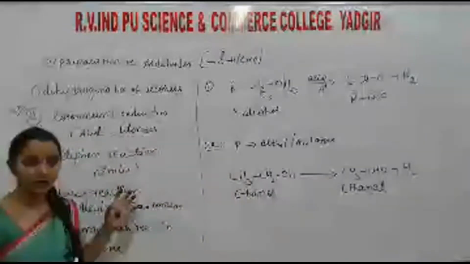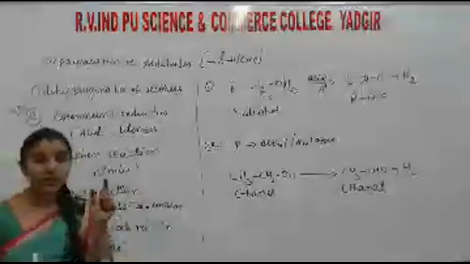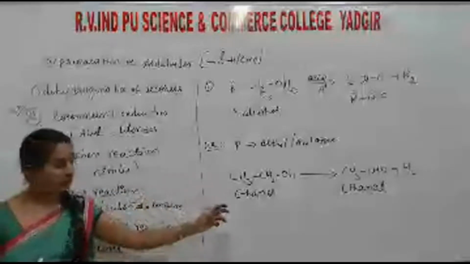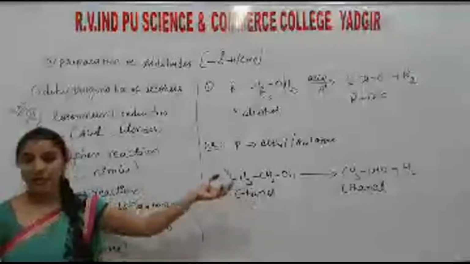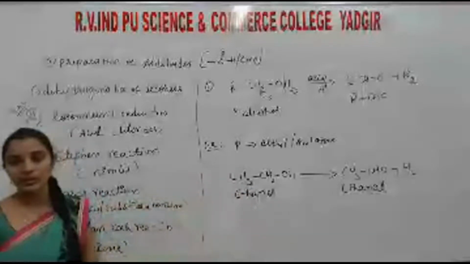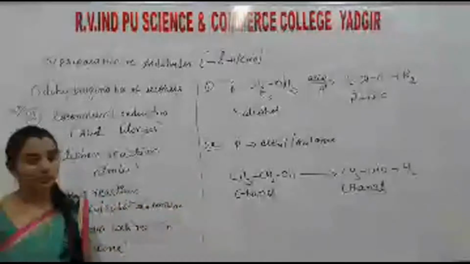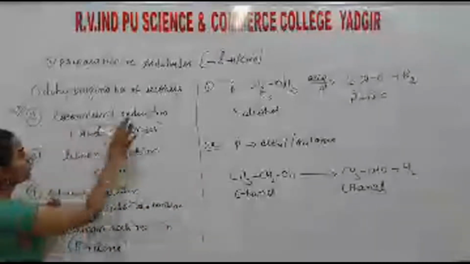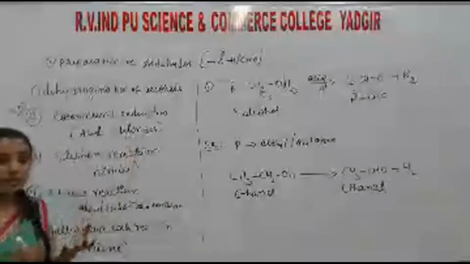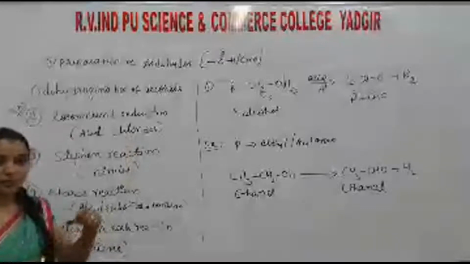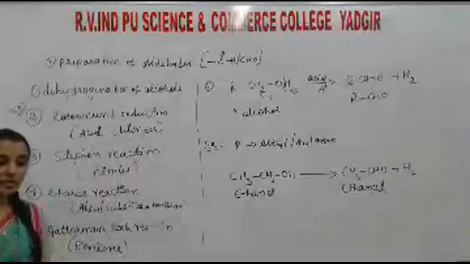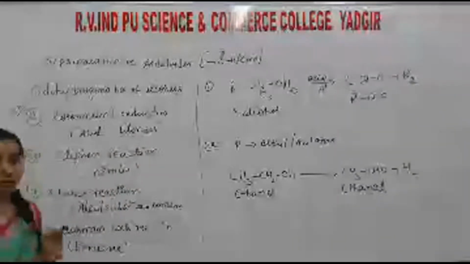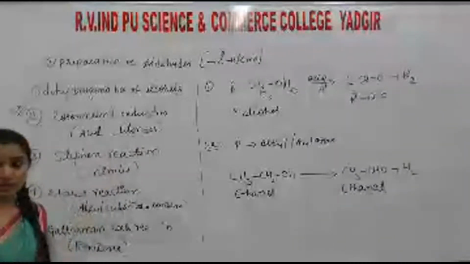They'll give the reactant and the reagent and ask what the product formed is. For example, they won't ask for Rosenmund reduction directly. They'll ask, write the reaction of preparation of aldehyde from acyl chlorides. From acyl chlorides means you have to remember that it is Rosenmund reduction.